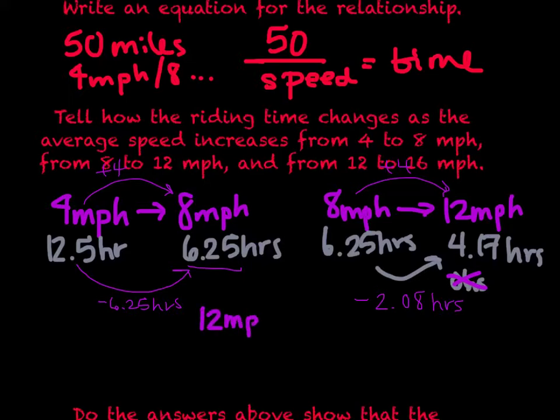So if we have 12 miles per hour to 16 miles per hour, how does this change? And again, this is an addition of 4 miles per hour. If we were subtracting 6.25 from 4.17, we would expect it to be negative. However, if we're going to subtract 2.08, maybe it's linear now, then we could maybe see around 2 hours for 16 miles per hour. So let's see if that's the case.